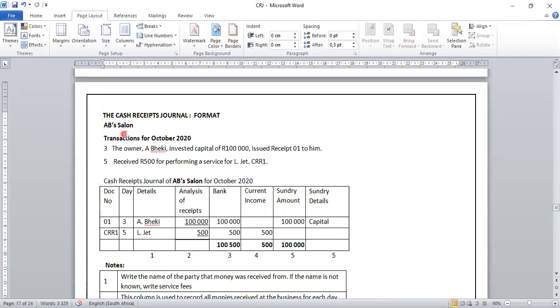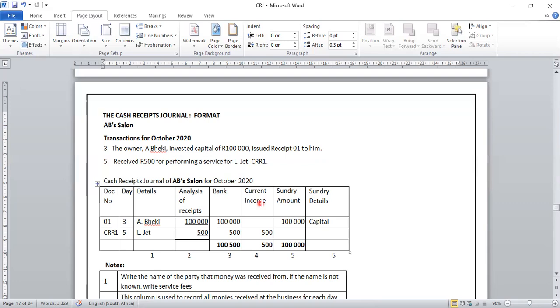Our name of the business is AB Salon, and we have 2 transactions for October 2020. The first transaction is when the owner, A. Becky, invested capital of 100,000 Rand and issued a receipt 01 to him. Our second transaction, received 500 Rand for performing a service for LJT CRR1.